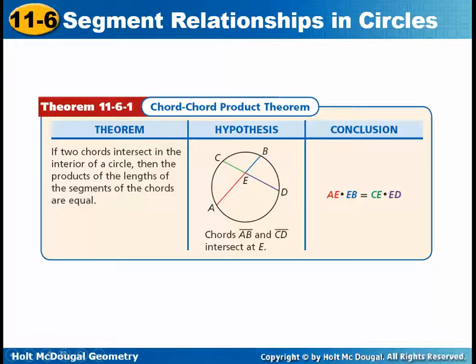There's four different pieces shown by green, blue, red, and purple. If you take the red segment from A to E times the blue segment from E to B, so these are pieces of the same segment, and multiply them together, it will be the same as CE times ED. So piece times piece equals piece times piece.